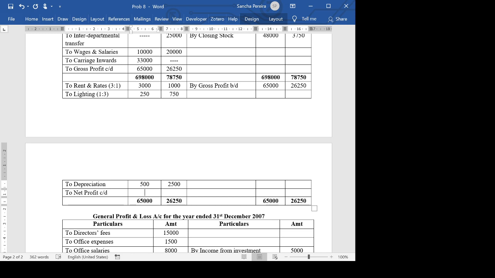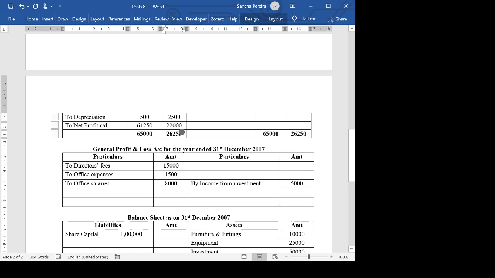So to net profit carried down of each of the departments: for A it is 61,250 and for B it is 22,000. Bring down the net profit.